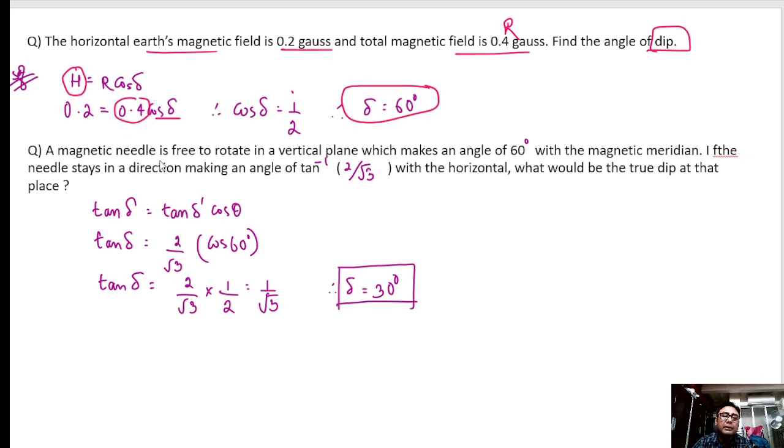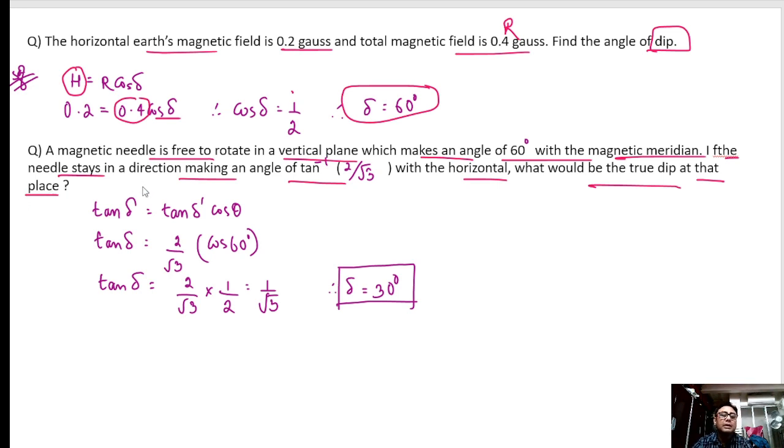Similarly, a magnetic needle is free to rotate in a vertical plane which makes 60 degree with the magnetic meridian. The plane is making 60 degree with the magnetic meridian. If the needle stays in a direction making an angle of tan inverse 2 by root 3 with the horizontal, what would be the true dip at that place?